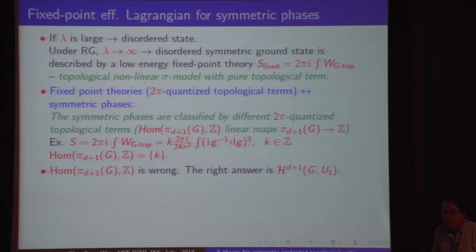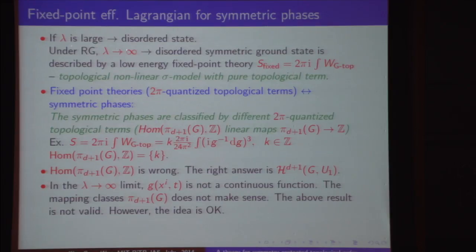And why is that? It is because of this point. When lambda goes to infinity, this field G fluctuates like crazy. The gradient has no cost, so the gradient will be infinite.